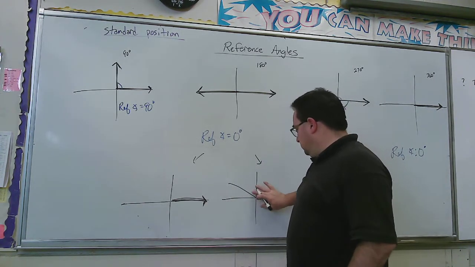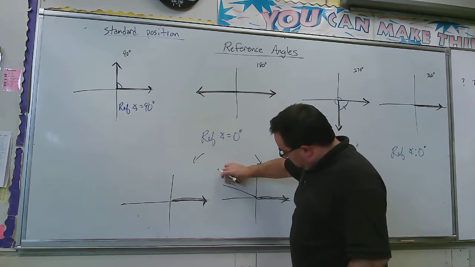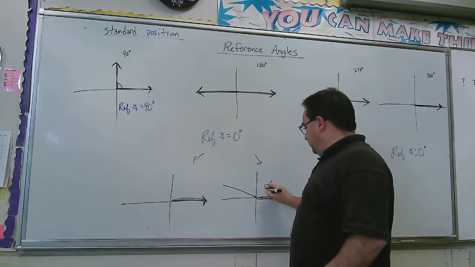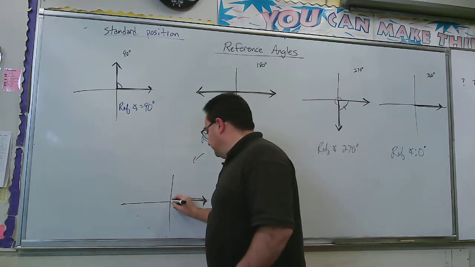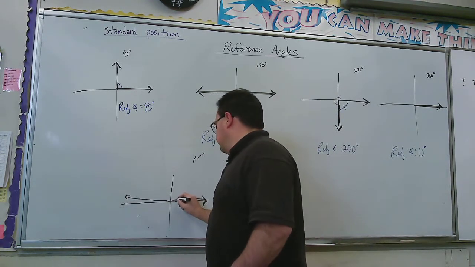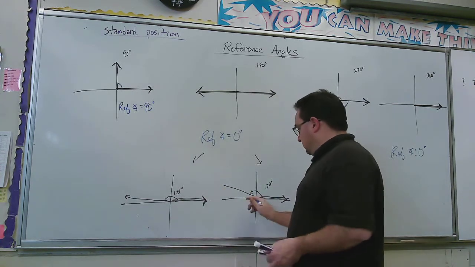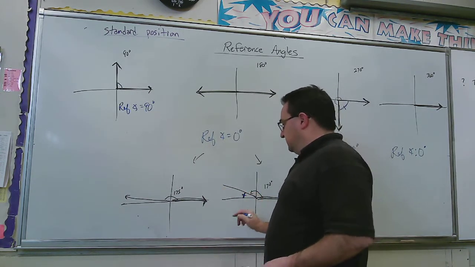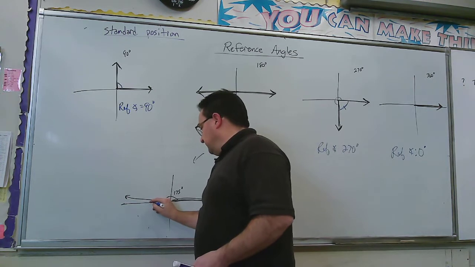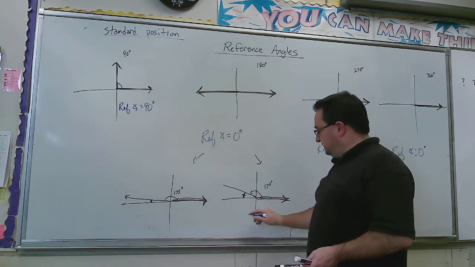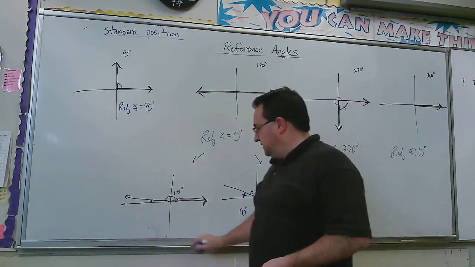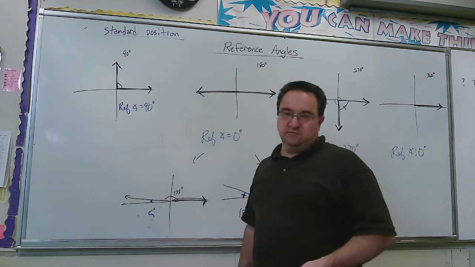Let's do 170 and 175. So this would be my reference angle, and this would be my reference angle. In this case, it's 10 degrees, and in this case, it's 5 degrees.